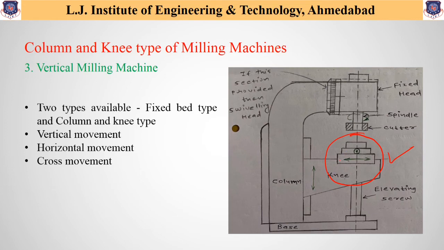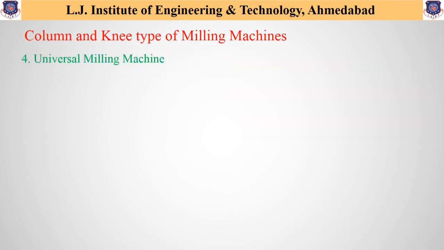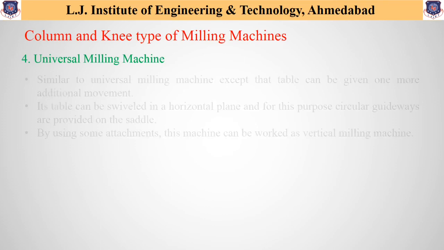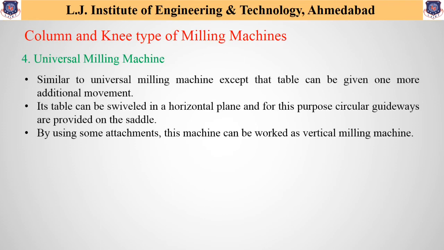But in addition to this, if the table can be swiveled about this horizontal plane, then this extra attachment is provided, and due to this attachment the machine is called the universal milling machine. And if we add some extra attachments, this horizontal universal milling machine can also be converted into a vertical milling machine.